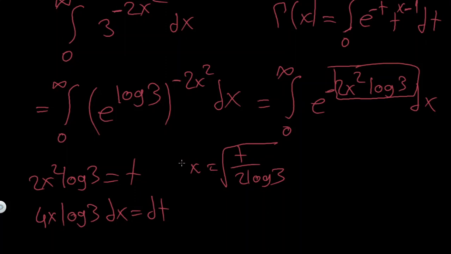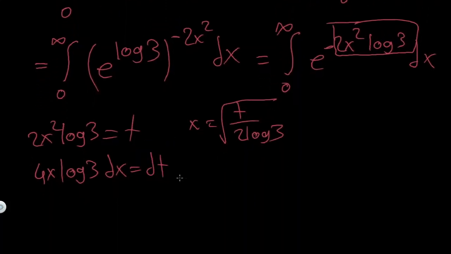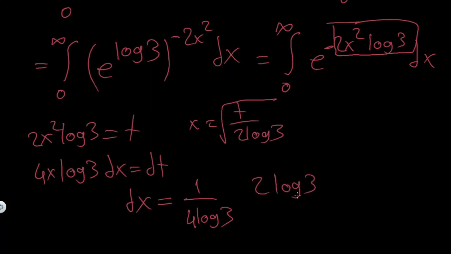So I found what x is and what dx is. dx is equal to, dividing both sides by 4 log 3, 1 over 4 log 3 times 1 over x, so I can flip this: square root of 2 log 3 over t, dt.